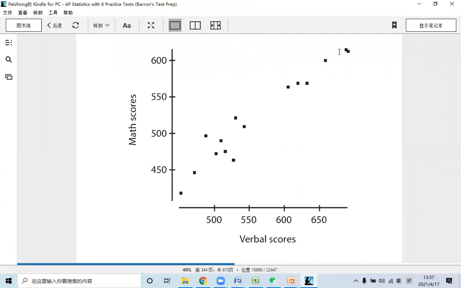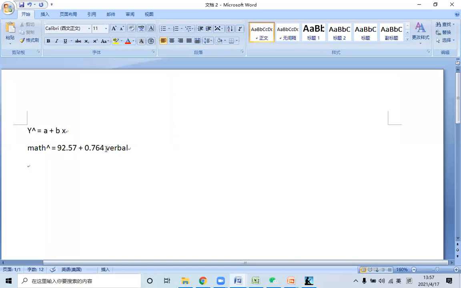This line will tell you that as a person's verbal score increases by 1 point, his predicted math score will be increasing by 0.764 points. That's prediction.